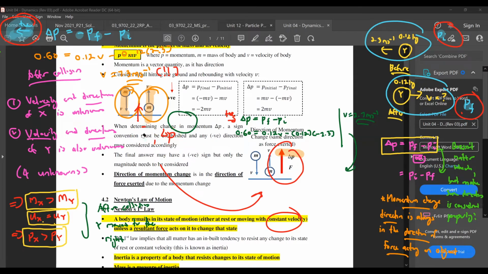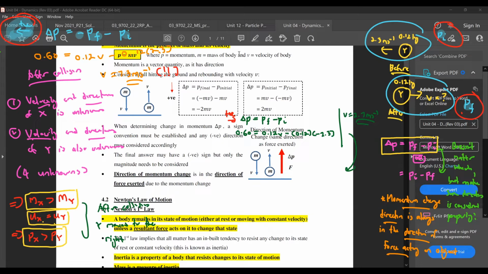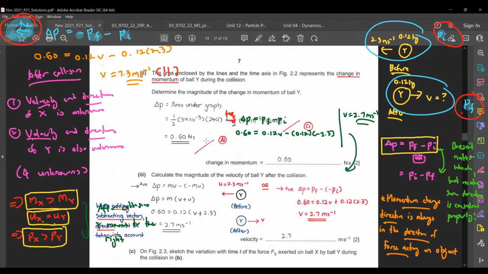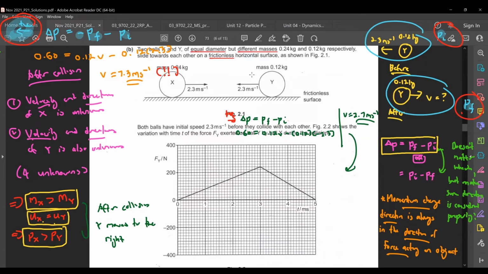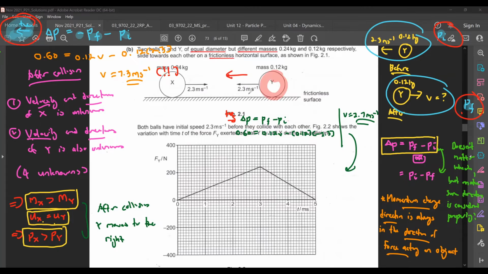So with that in mind, if you look at our current question, this object Y was moving towards the left, it hit ball X and then it rebounded in this direction.